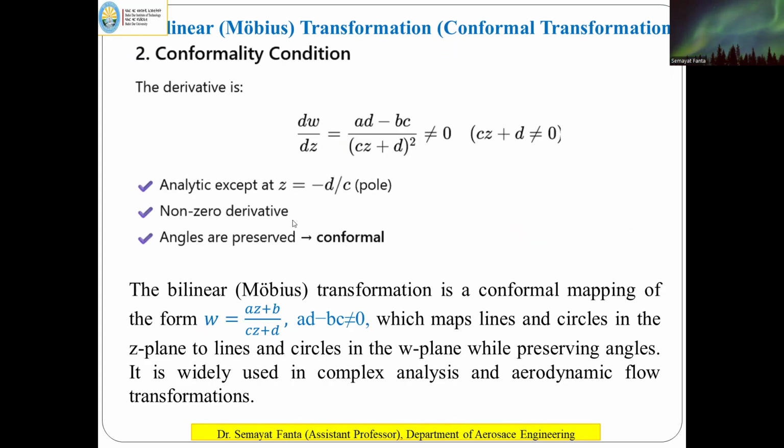So the bilinear transformation is a conformal mapping of the form W equals AZ plus B over CZ plus D, with AD minus BC different from 0, which maps lines and circles in the Z plane to lines and circles in the W plane, preserving angle. It is widely used in complex analysis and aerodynamic flow transformation.